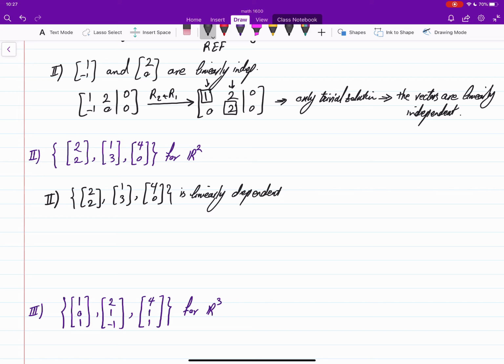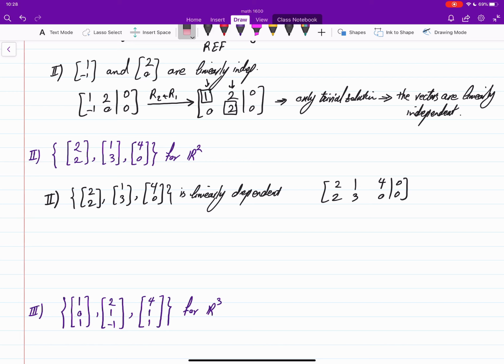For example, another reason would be that if you find the row reduced echelon form of the augmented matrix with 2, 2, 1, 3, 4, 0 and zeros, this is definitely consistent because the trivial solution is always there. But at the end, we are going to have at least one column which doesn't have a leading entry. That means there will be a parameter and infinitely many solutions.